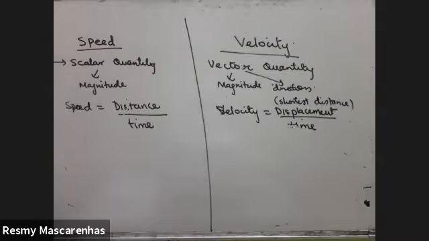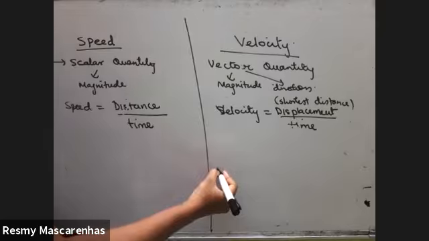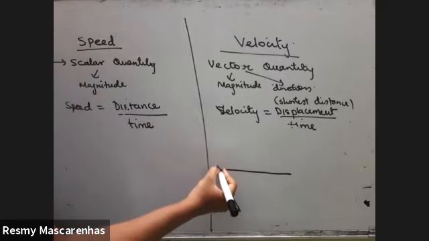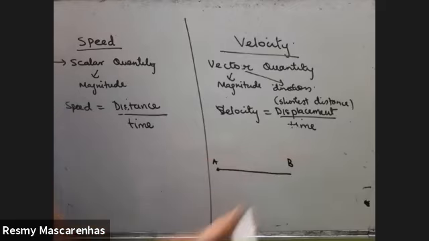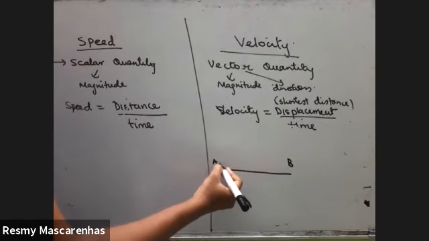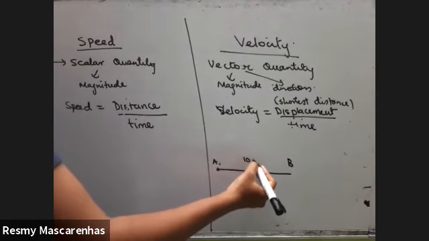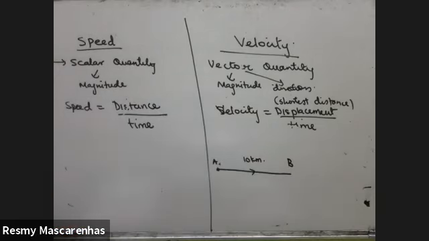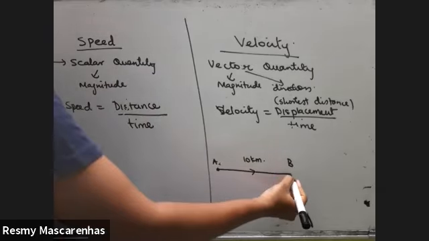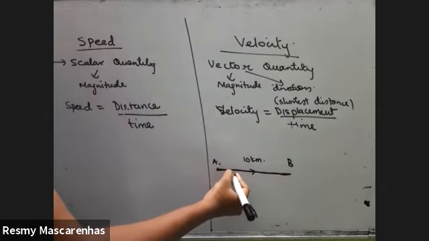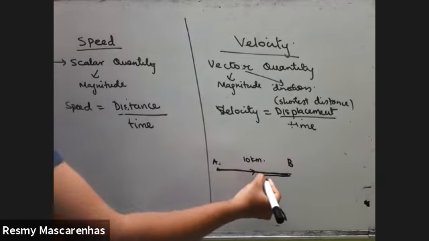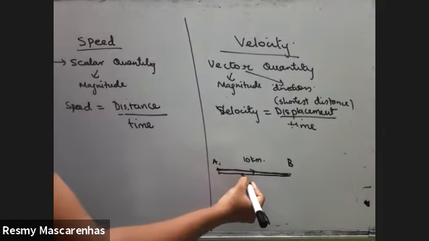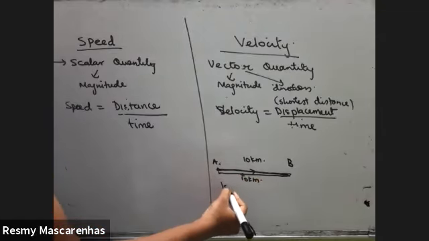So I'll give you the example. From here to here, if the person has traveled 10 kilometers, and now again he comes back, and then again 10 kilometers.